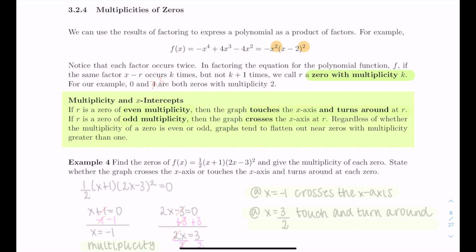So for our example, 0 and 2 are both zeros with multiplicity of 2.